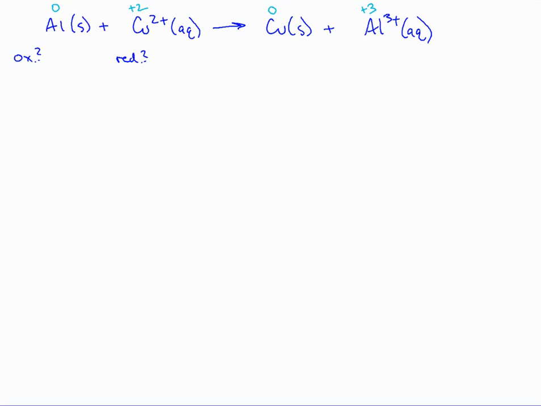And so we have aluminum with 0 becoming +3 because it lost electrons. Reduction, gaining electrons, its oxidation state would be more negative, +2 to 0. There's your copper.